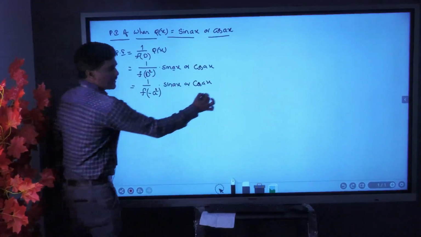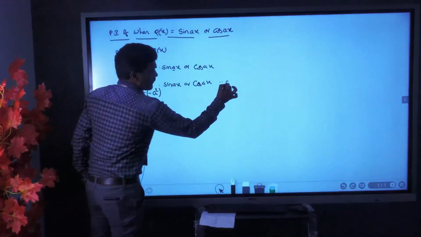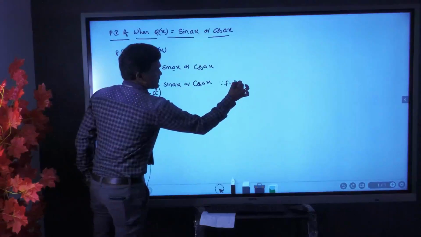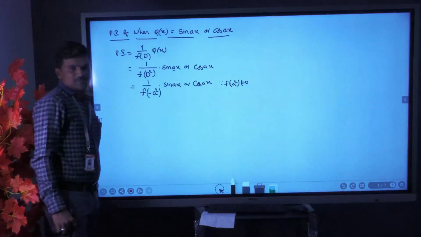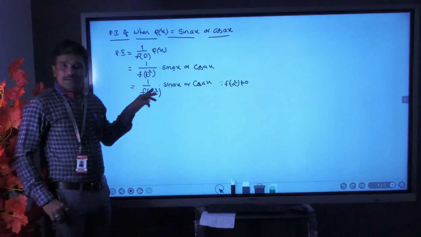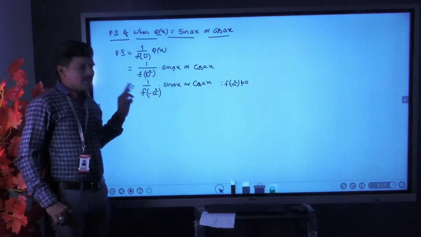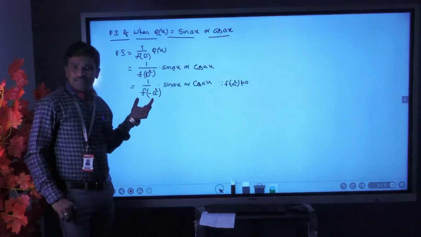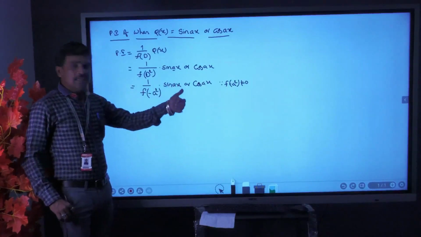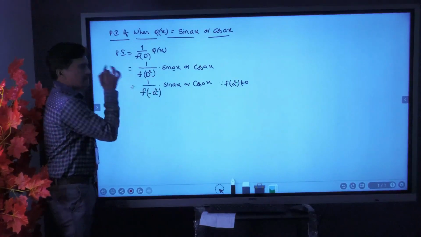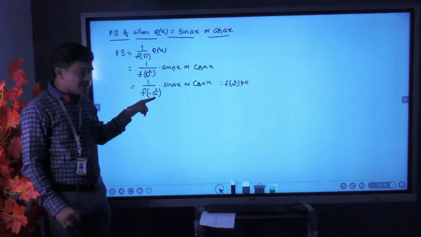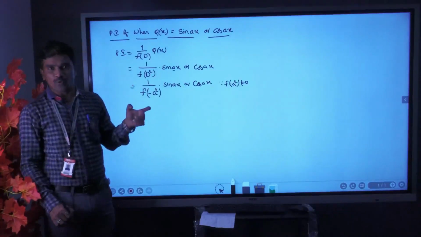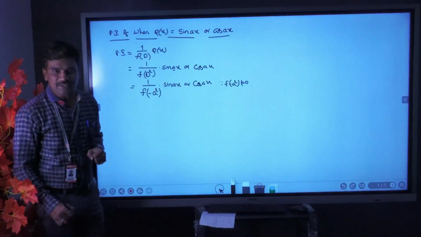Now it is clear that here f of minus a square is not equal to 0. When we replace D square with minus a square, if the denominator is not equal to 0, then this is the particular integration, right? Suppose f of minus a square is equal to 0, then what is the particular integration?